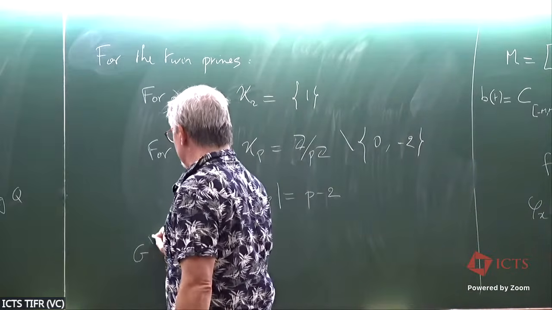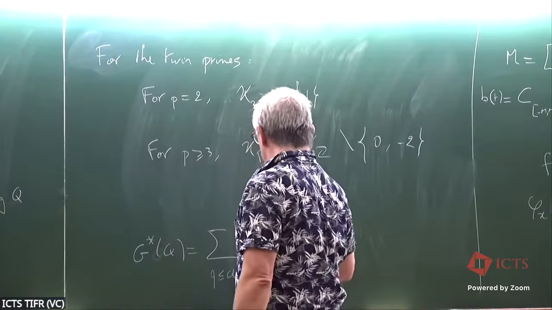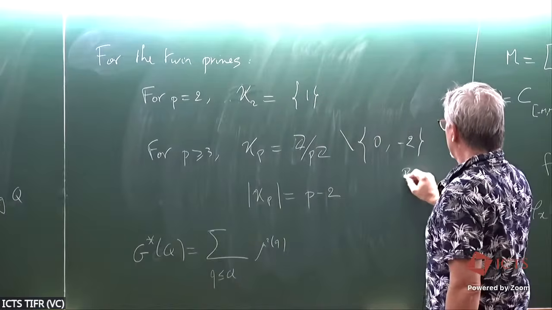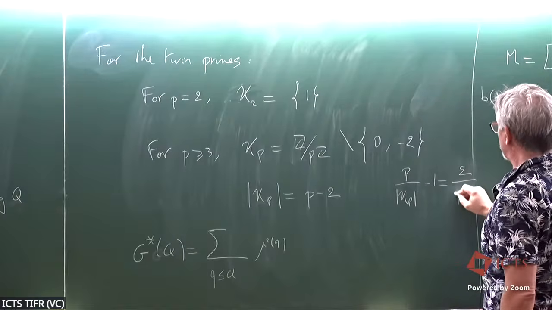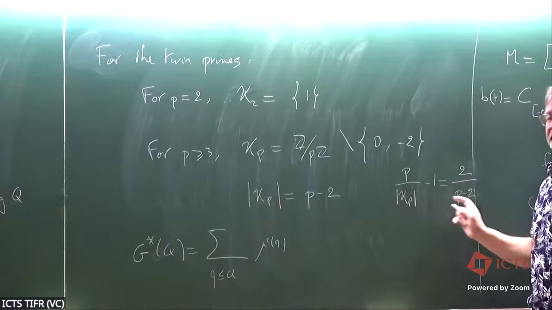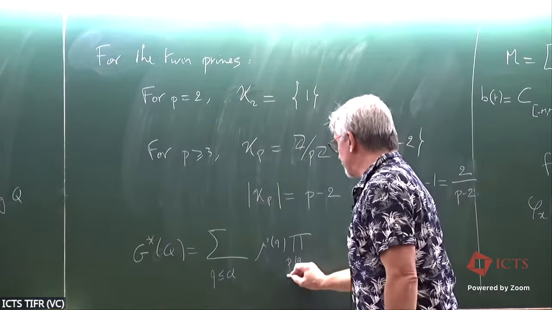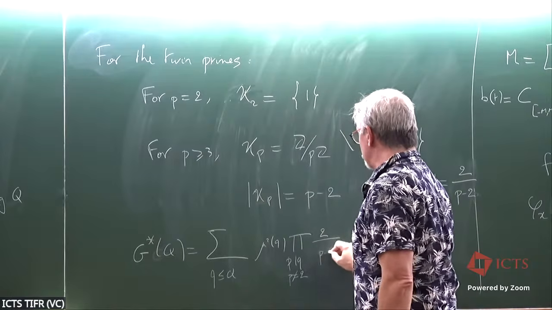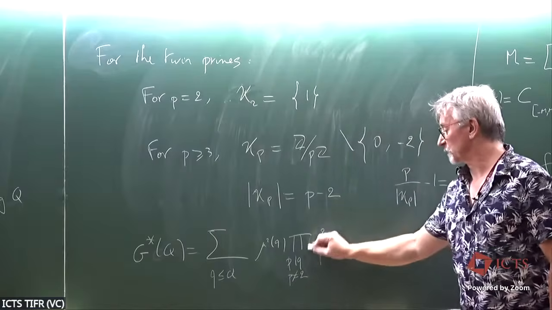So G*(Q) is the sum for q less than capital Q of mu square q times, with p upon |K_p| minus 1 equal to 2 upon p minus 2, since p minus |K_p| is 2, the product for p dividing q, p different from 2, sorry, of 2 upon p minus 2. Okay. And for p equal to 2, it's 1.